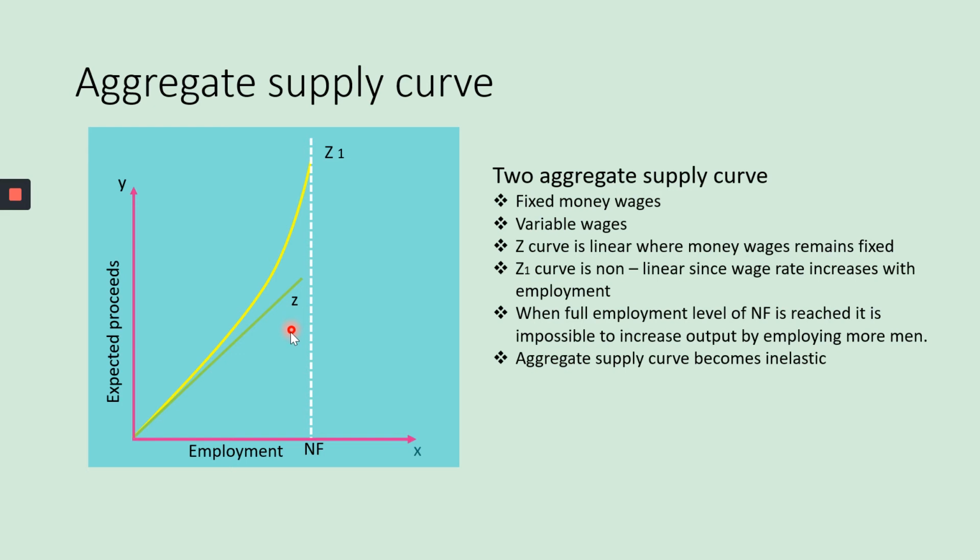So the producer will try to employ more and more laborers. If the prices are low and the wages are very high, he will not tend to invest anything because it will be a loss for him. So investment will be curtailed, output will fall, and there will be a reduction in the productive capacity.